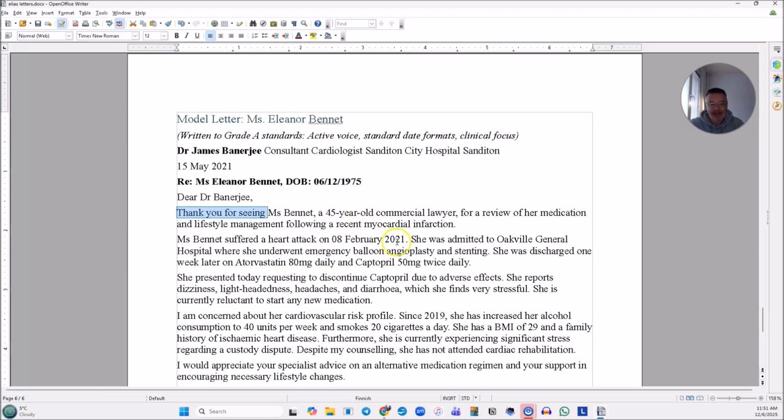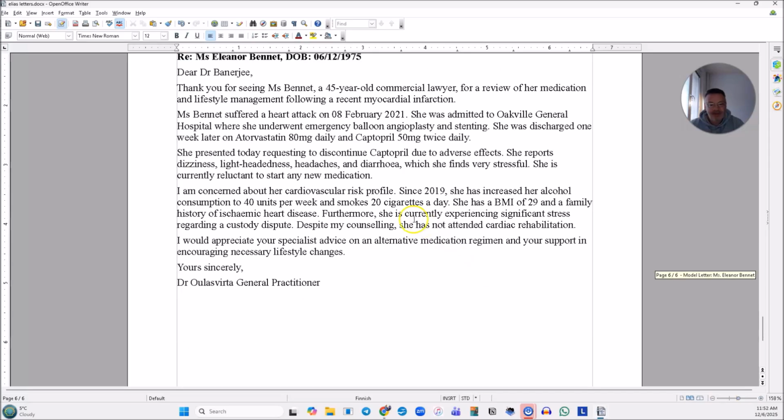So for the heart attack, admitted to Oakville, does it matter where? Does it matter? It was after a flight, long haul, yeah? So do we need all that? Okay, I present it today. Adverse effects, cardiovascular risk profile. That's good. That's now active use there. Yeah, that's good.